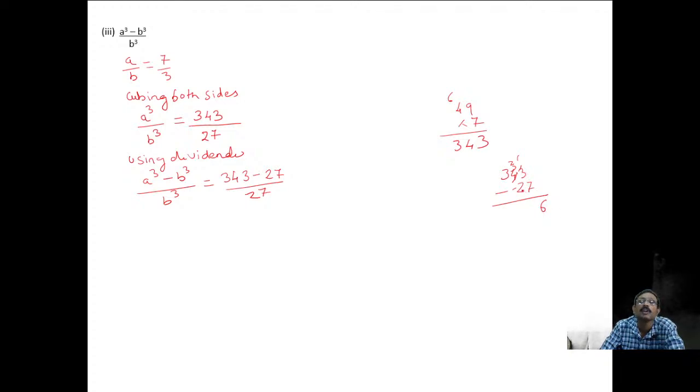Out of this 3, 2 is gone, we have got 1 here. And this 3 comes as it is. So what we get here is 316 upon 27. Therefore, a cube minus b cube upon b cube is 316 upon 27. So, this is the answer of this.